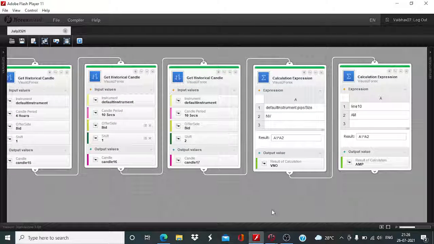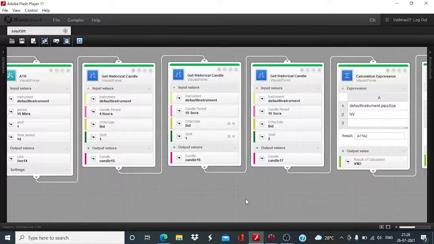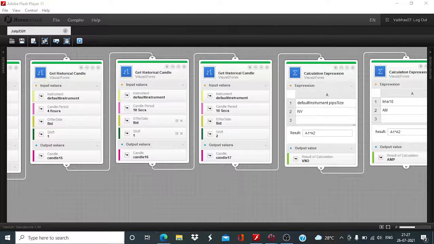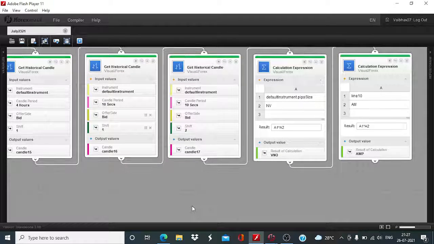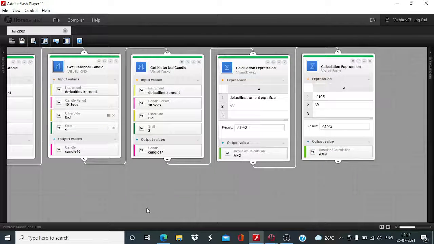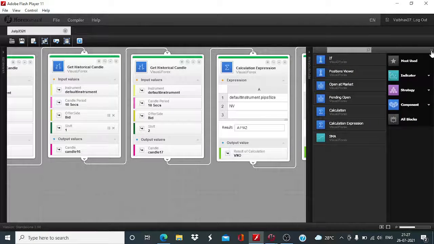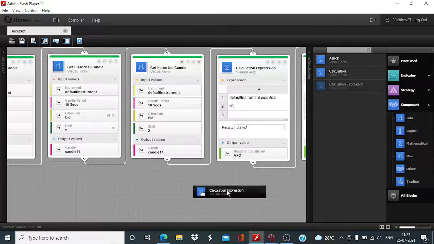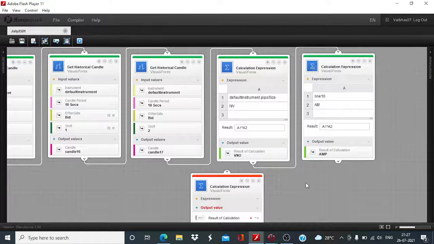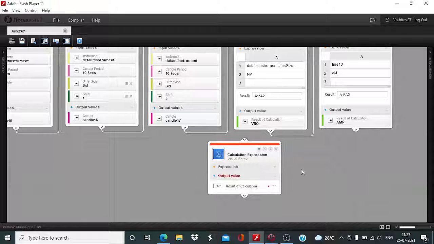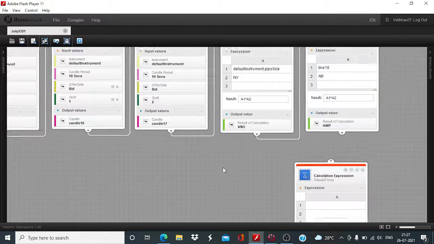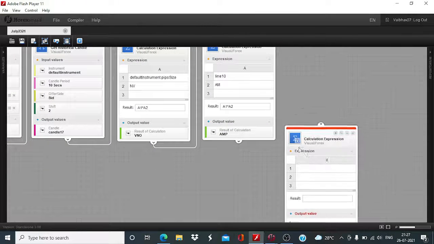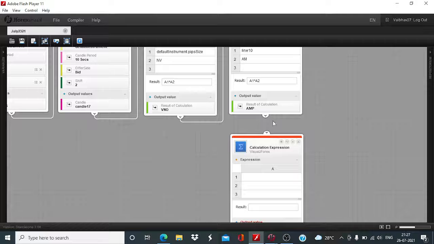Now we will have to look at the actual difference, and for that we will have to look at the price volatility. And first thing today I will need to add is going to be a mathematical component, a calculation expression. We will add 20% of the ATR to the last 4 hourly candle's low.